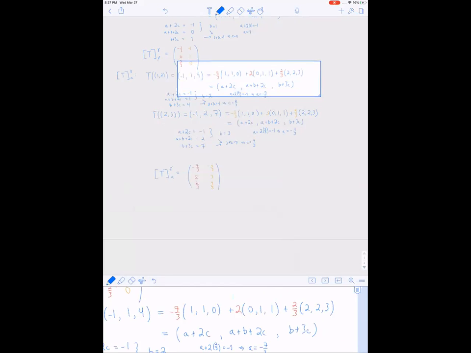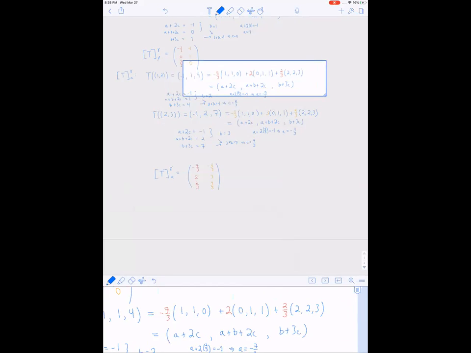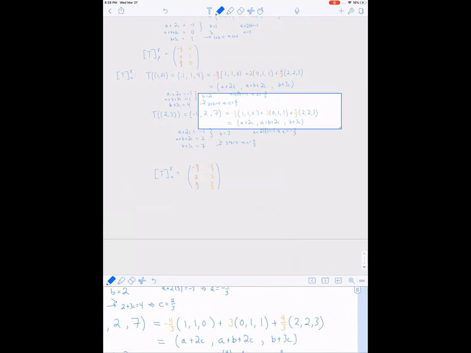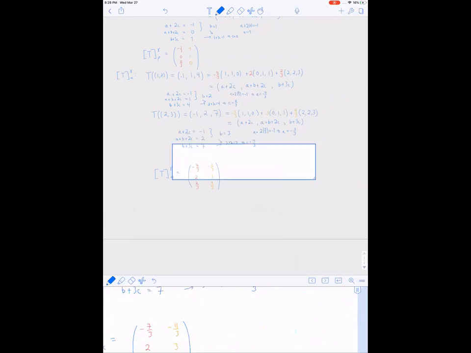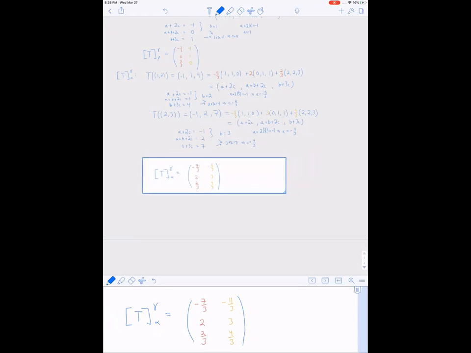Those coefficients come from the first linear combination that we wrote, and then the next linear combination that we wrote. So the matrix representing T with respect to alpha and gamma is -7/3, -11/3, 2, 3, 2/3, 4/3.